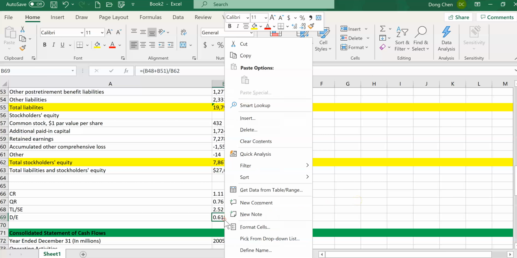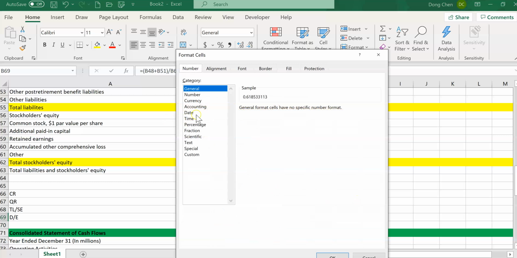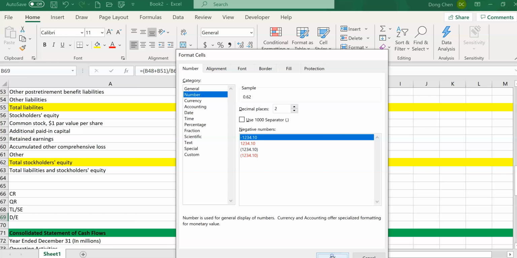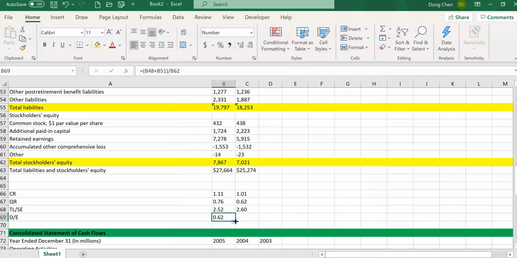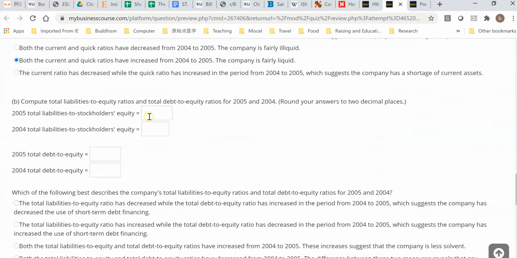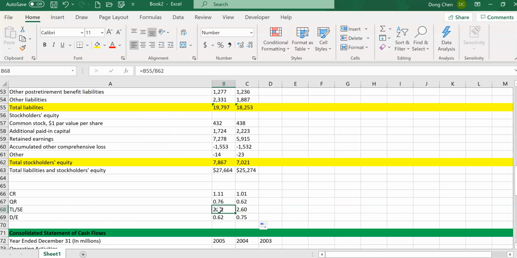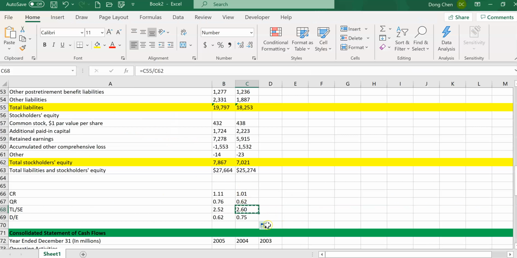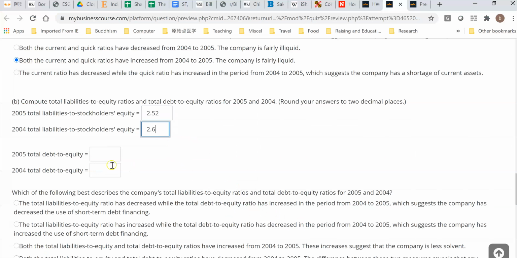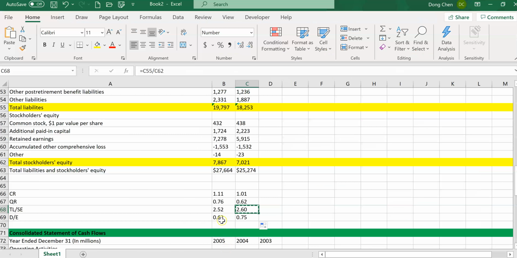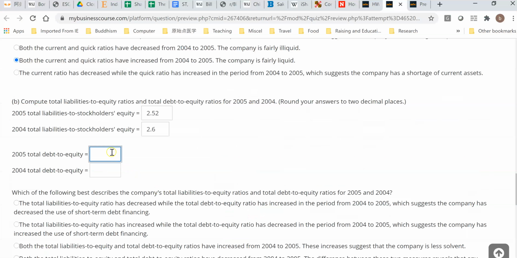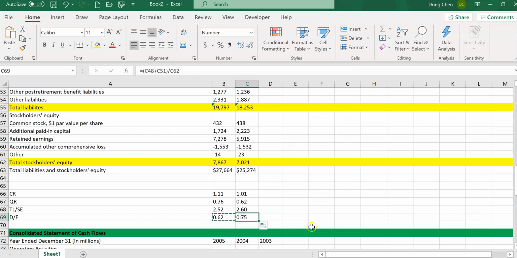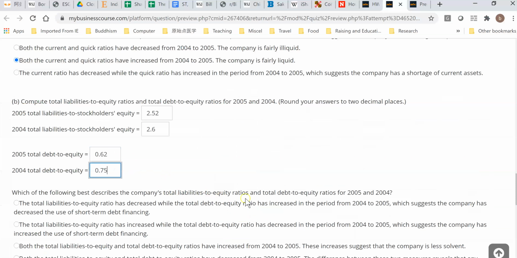Again, let me format a cell to keep only two decimal places, and then drag the cell to the other year. This will automatically give me the ratio for the earlier year. The 2005 total liabilities to stockholders' equity is this number here, and for 2004, it's this number. The total debt to equity ratio for 2005 is 0.62, and it's 0.75 for 2004.